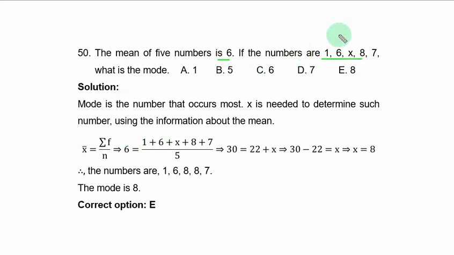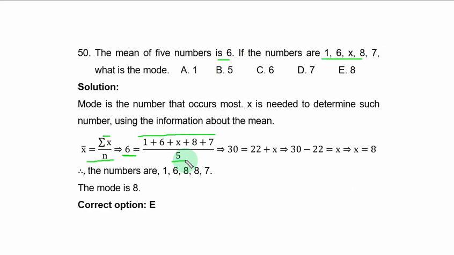Mean is equal to summation x over N for ungrouped data. That is data without frequency. The mean is 6. So we take each number as x. If you add together, you have it in this form. You have 5 numbers. That means N is 5.